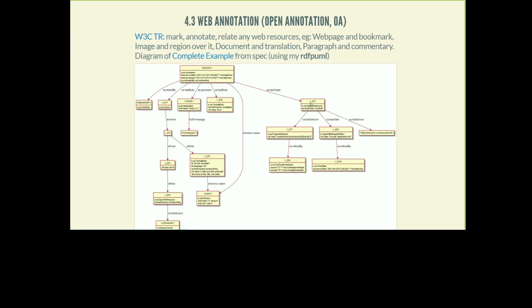So presumably this is an XML document, and we are digging down into the document and talking about one particular paragraph of that document. On the left side, this annotation has two bodies, one branch going down here, and another body which is a simple textual body. So in this silly example, somebody says, I really love this particular bit of text in that XML document. It's a very, very powerful ontology, and it is gaining fast popularity in all kinds of areas.